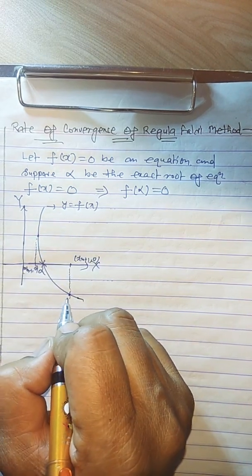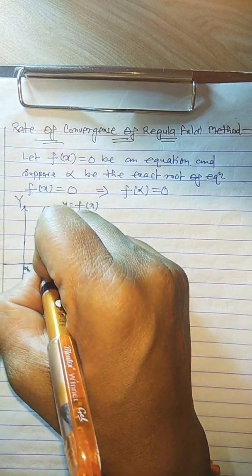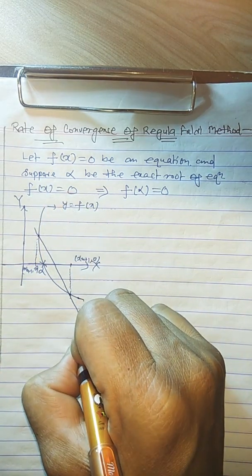In Regula-Falsi method we find the equation of chord joining these 2 points.